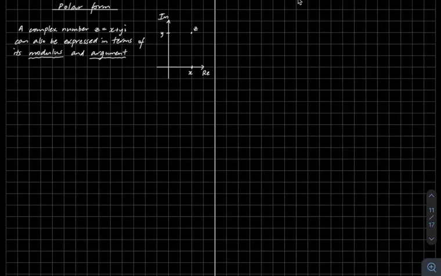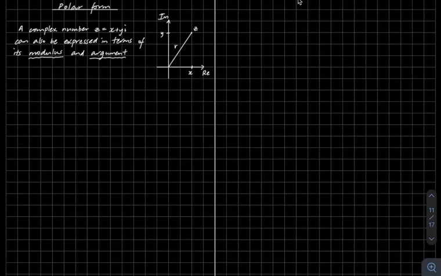To understand the modulus and the argument, it helps if we draw that line from the origin to that point in the complex plane where that number is represented, because that line, the direct line from the origin to that point, is the modulus.